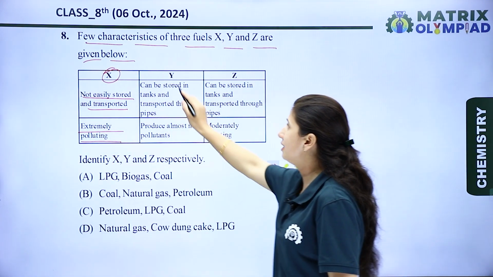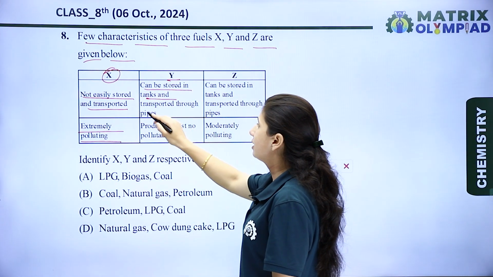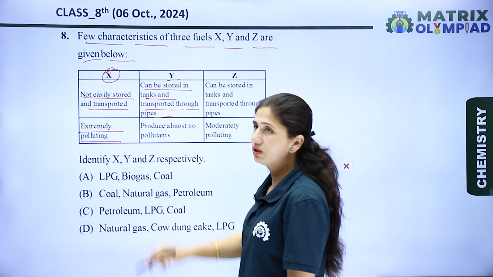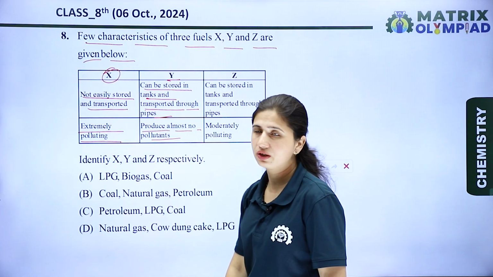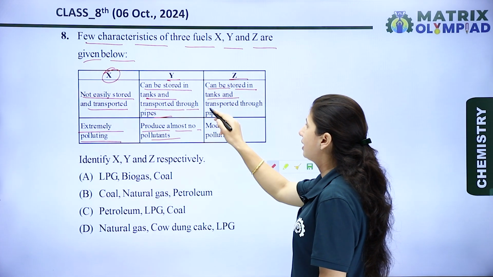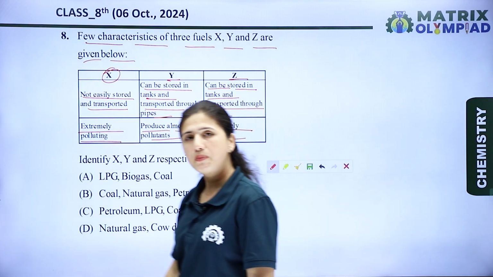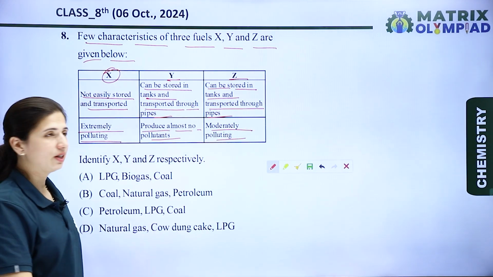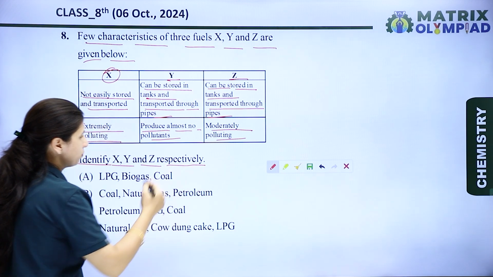Now let's see Y. Y can be stored in tanks and transported through pipes, and it produces almost no pollutants. Now let's see Z. Z can be stored in tanks and transported through pipes, and it is moderately polluting. Now let's see the options. Identify X, Y and Z respectively.